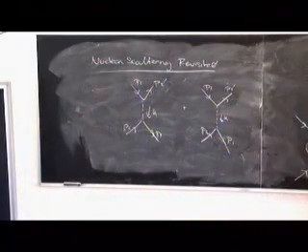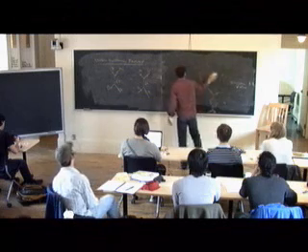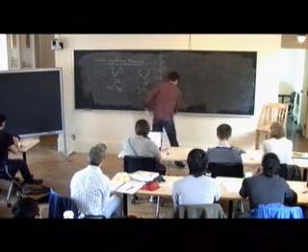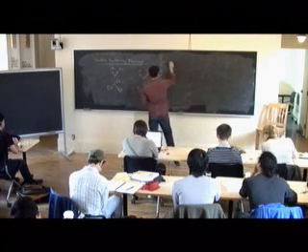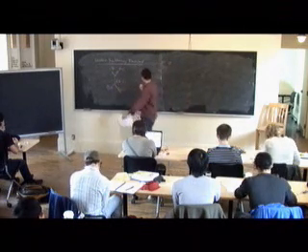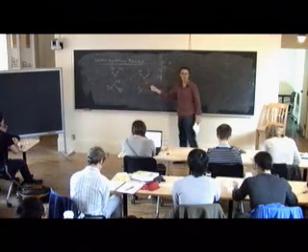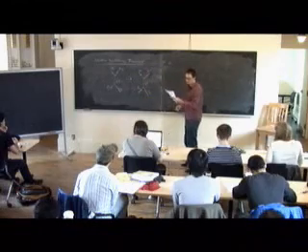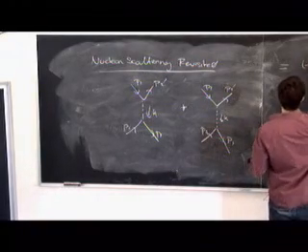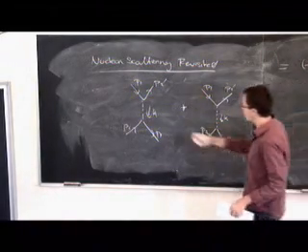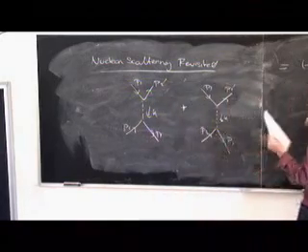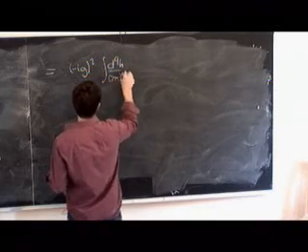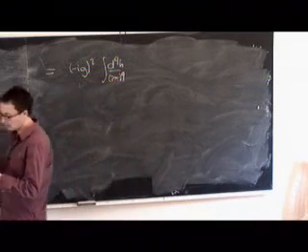Okay, so let me just use the rules and write down the answer. So when I draw these pretty pictures now, each one is actually a mathematical equation. Okay? So things like plus and equals make sense. There's a minus i g squared. Why is that? It's because there's 2 vertices. There's an integral over d4k over (2 pi) to the 4. That's coming because I've got a single internal line.